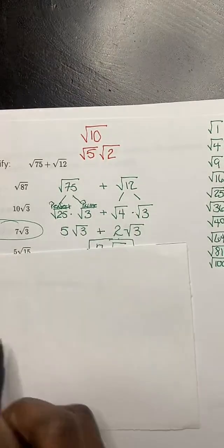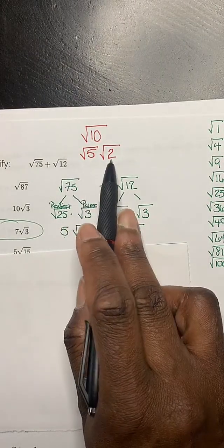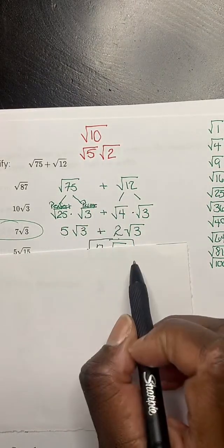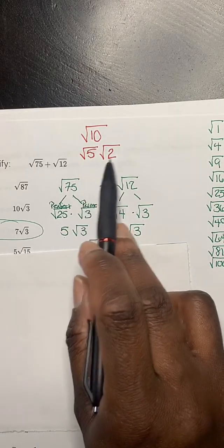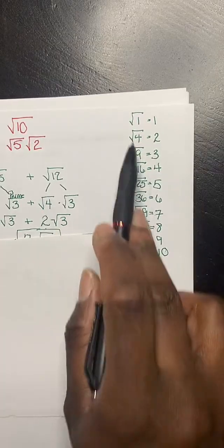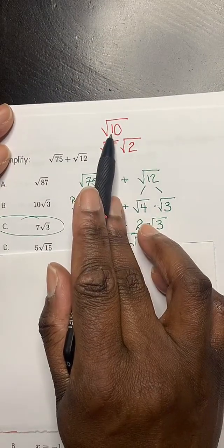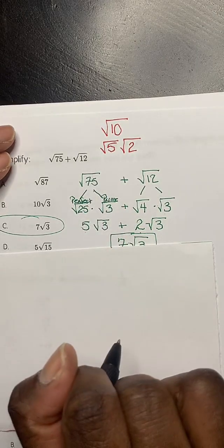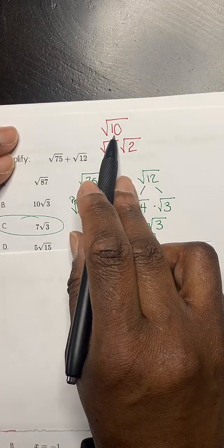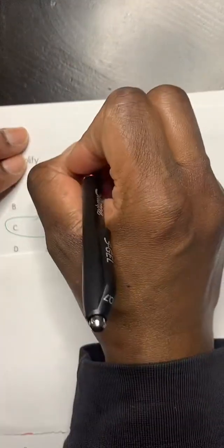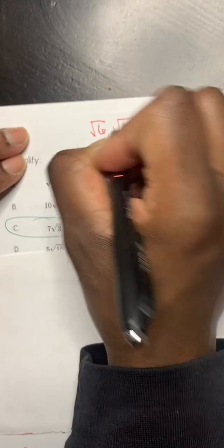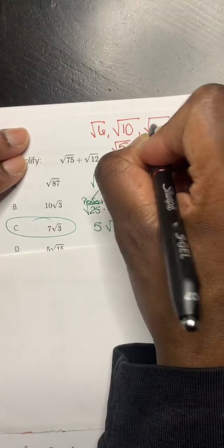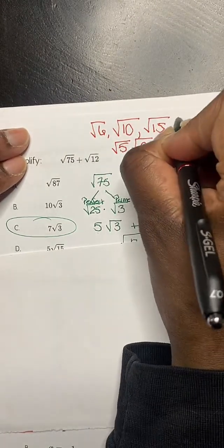Well, guess what? 5 and 2, they're both prime numbers. So that means you can't get a perfect square root out of that. That's why the square root of 10 is one of those special types of prime radicals. Another example is the square root of 6, the square root of 15, the square root of 21.